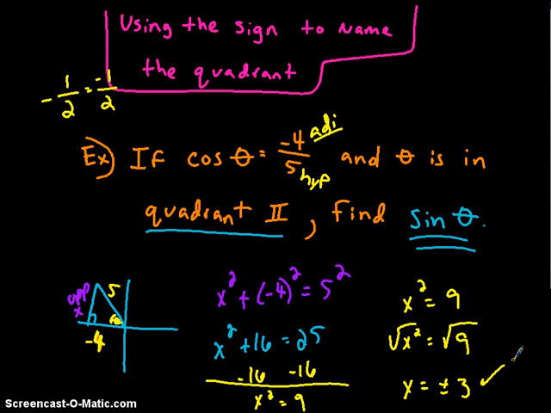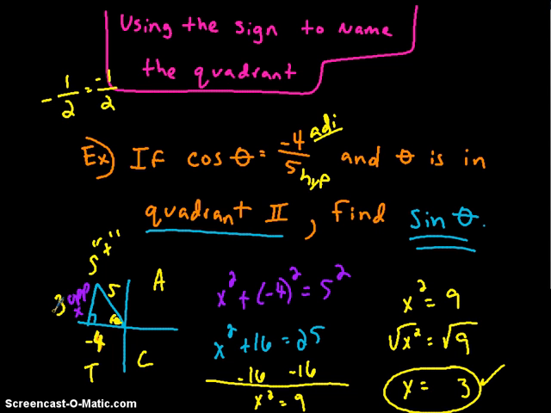After we go back and make sure our quadrants are in order of All Students Take Calculus, we know the sign is positive right here. So even though we said it's positive or negative 3, we only take the positive one. So our only answer is positive 3, meaning that this one right here is 3.